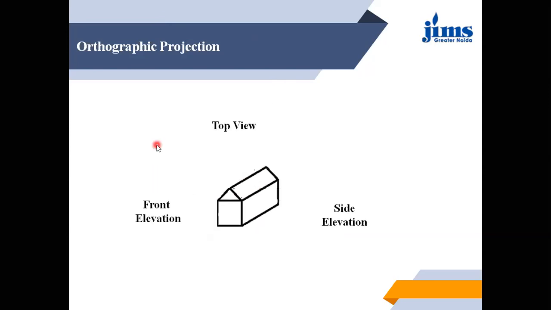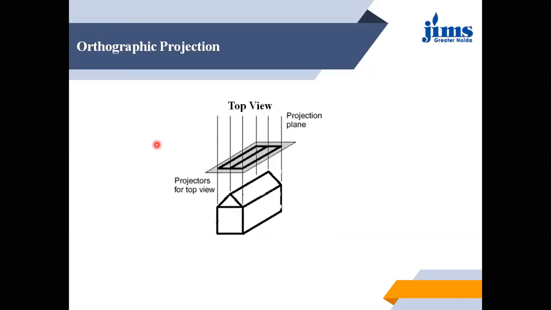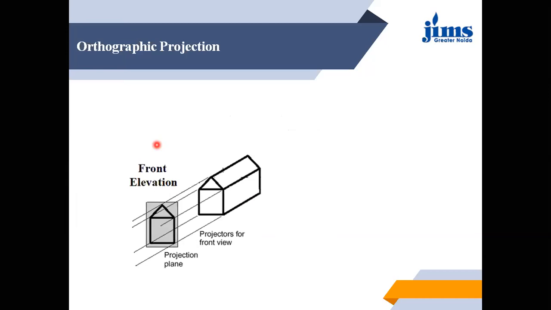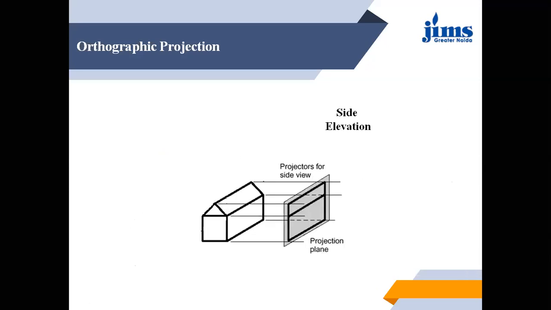Once more, you can see over here that when we have to see the top view, front elevation, and side elevation of this object, the top view is like this, the front elevation is this, and when we want to see this from the side, then the side elevation of the object will be like this one.